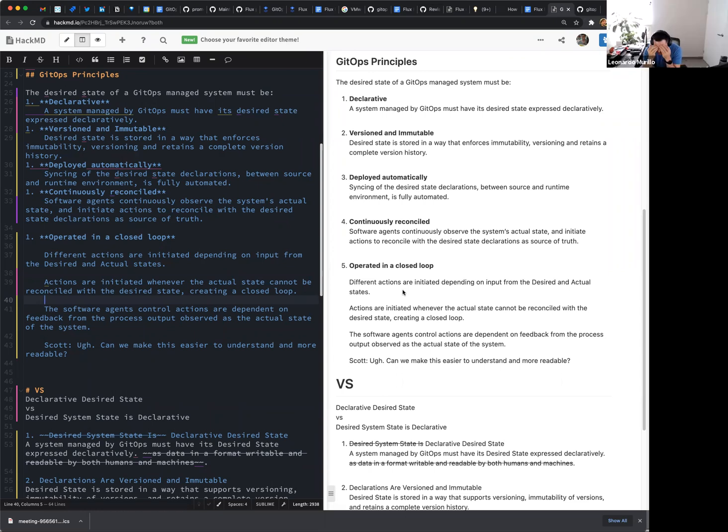So let me propose a scenario, to see how a GitOps system would work in it. I have customization 2 and customization 1.